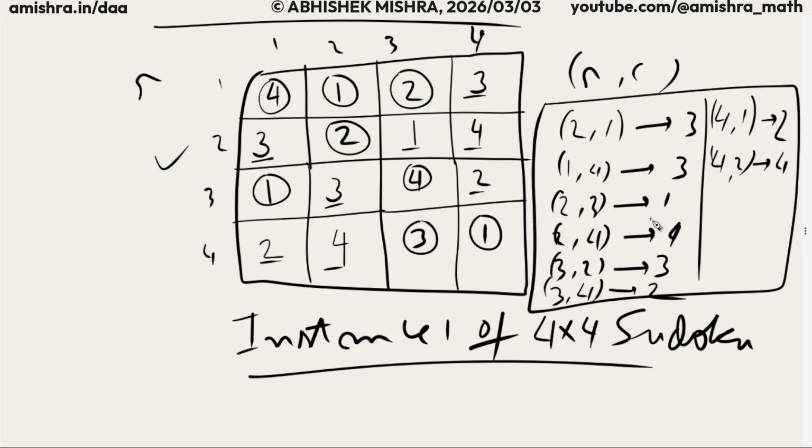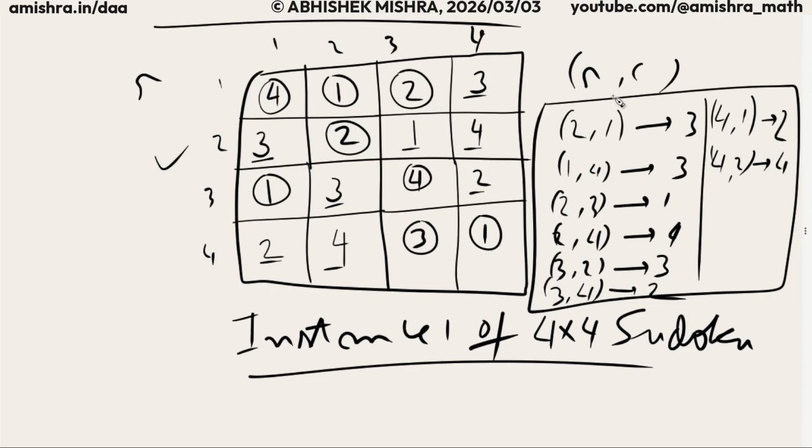And similarly solution, there are two ways. First, either make a list like this, or very simple, just make an array with the corresponding numbers, and 0 we can write at those positions which are already occupied. So either way we can write our solution.